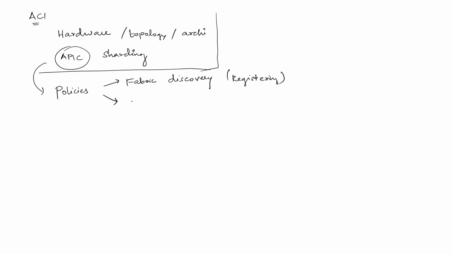After the fabric discovery, you would readily provide the fabric policy, and then the access policies. The access policies are those that are configured at the access port so that the endpoints can access your ACI fabric. So these are some of the important policies, the fabric policies and the access policies.